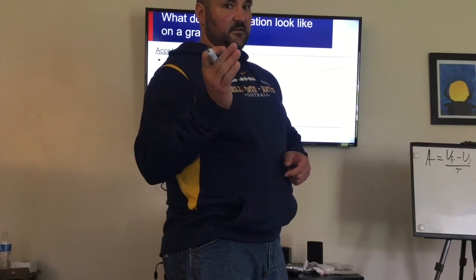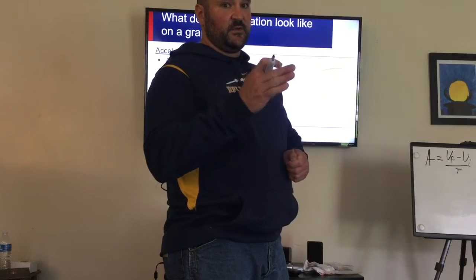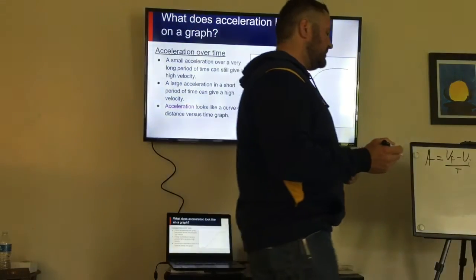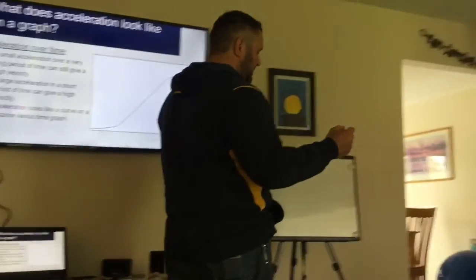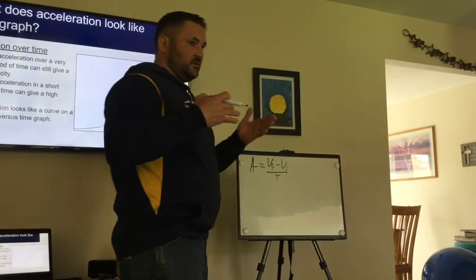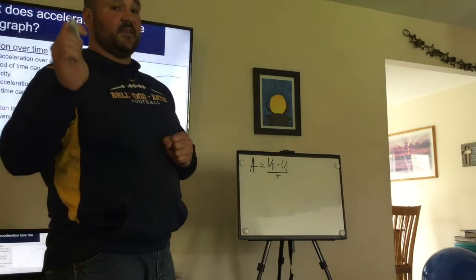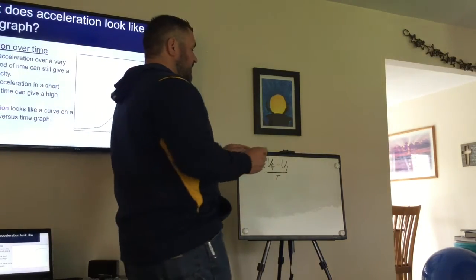The other day, in my last video, we took the velocity of my son running 10 meters. He covered the 10 meters in 3.8 seconds. Or he was doing 3.8 meters per second is how fast he was going.